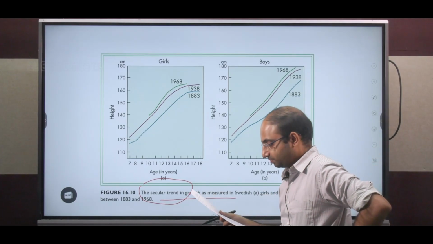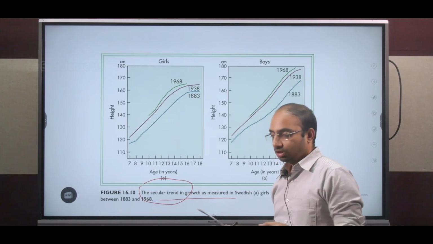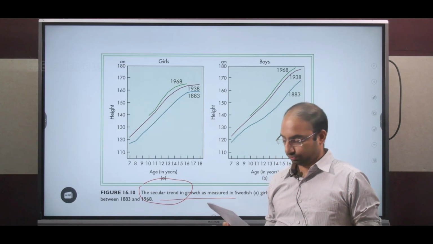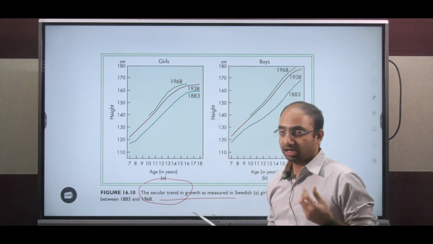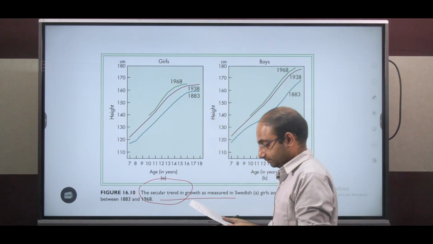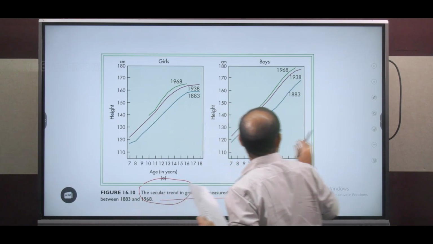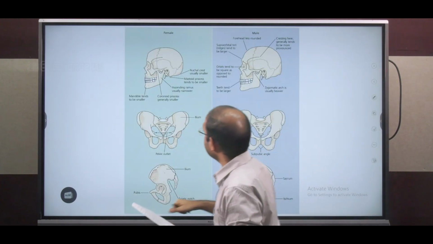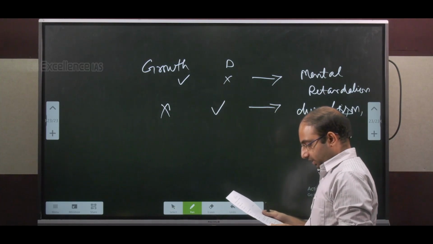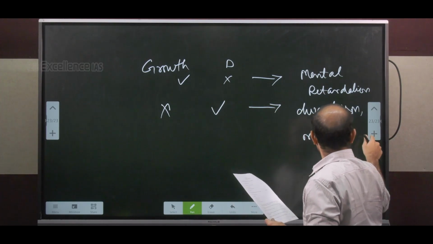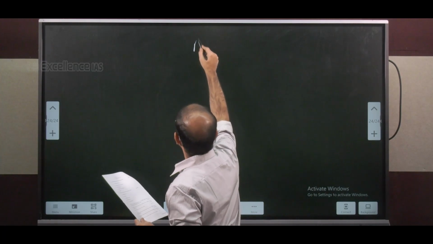If you have the time and space, you can talk about different factors of growth like genetic factors, environmental factors, biochemical factors and socio-economic factors. That is how you can write answer for growth and development. Next, third question. This is about aging.